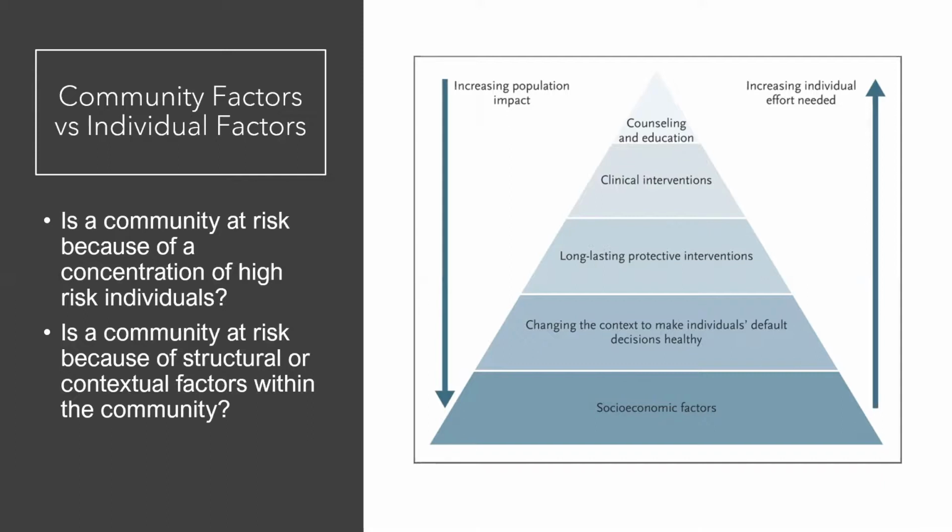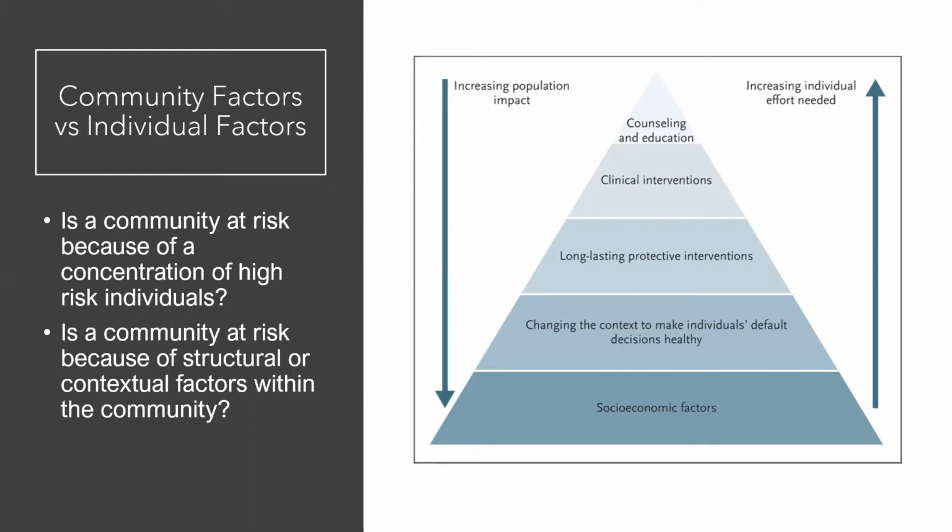And what I mean by structural or contextual factors of your community is the community culture. Is there low access to services? Is there low utilization of services within that community? Or is there a high concentration of crime within those communities? That's a different kind of address.